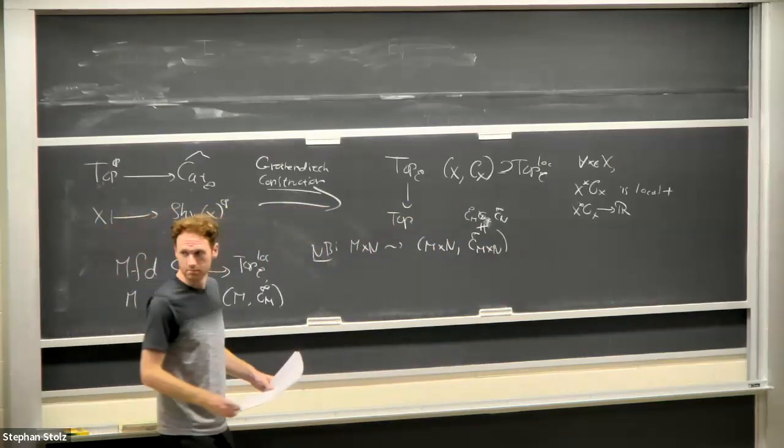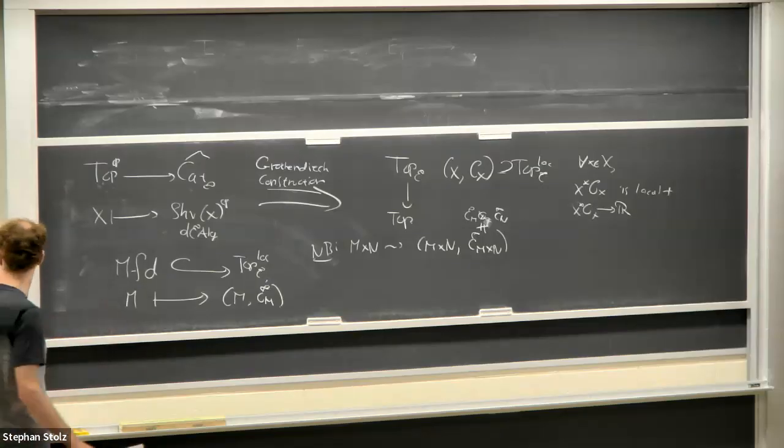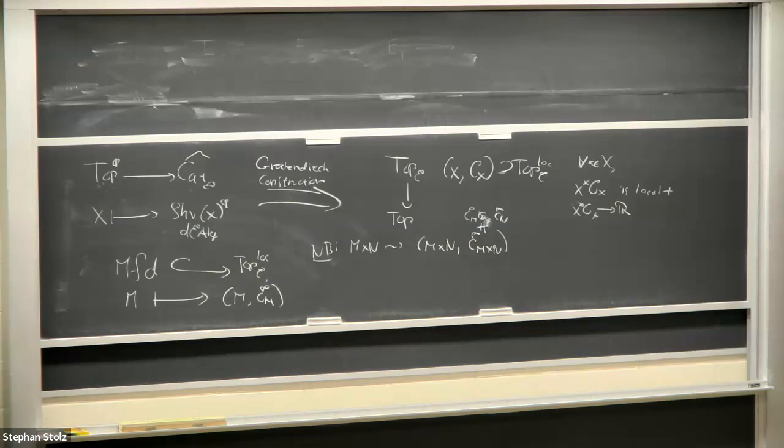One is non-completed, one is completed. So this infinity category has all limits and colimits. In particular, it has coproducts. The coproduct in commutative algebras is the ordinary tensor product, but here the coproduct is something else.